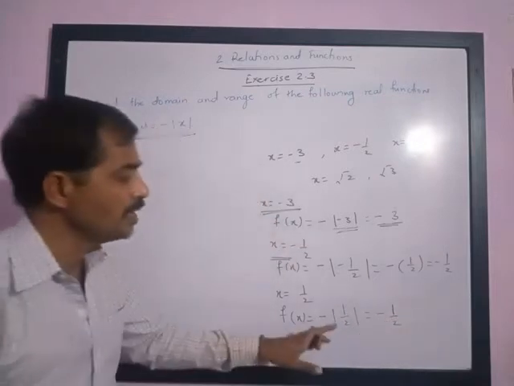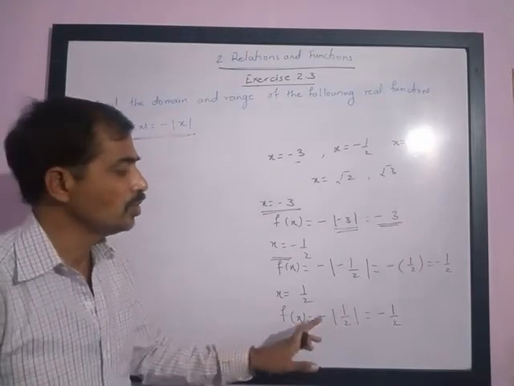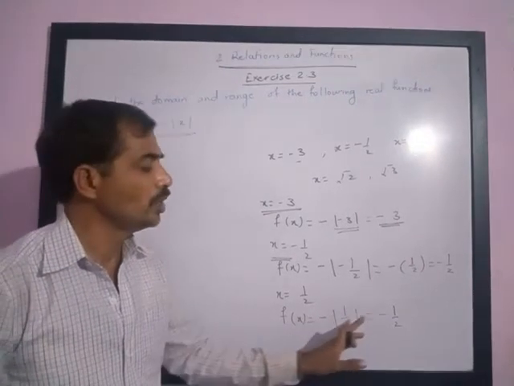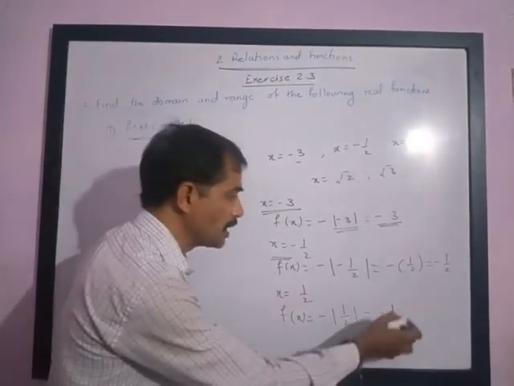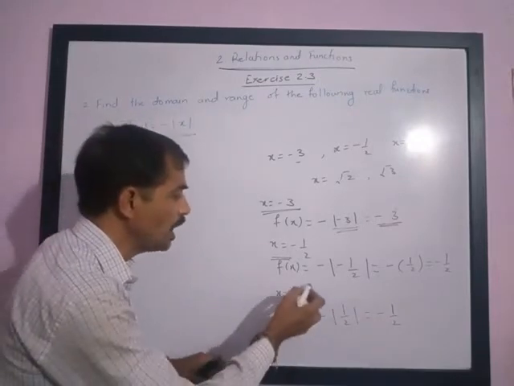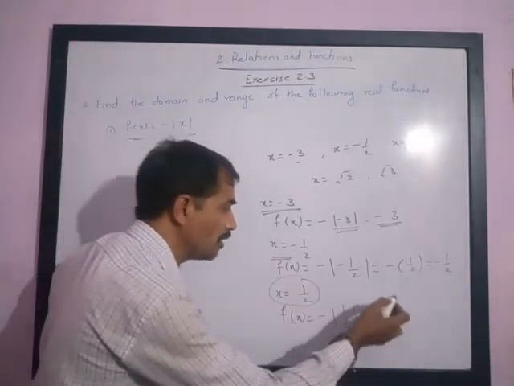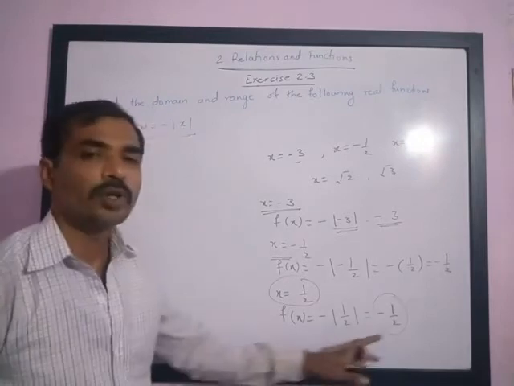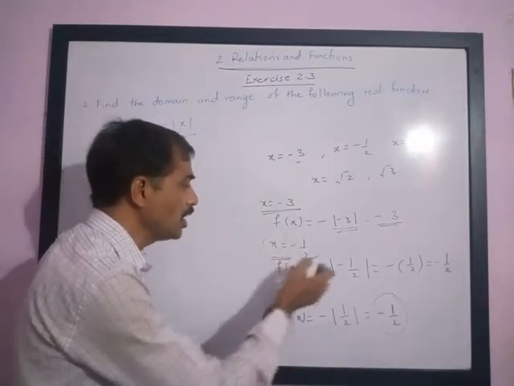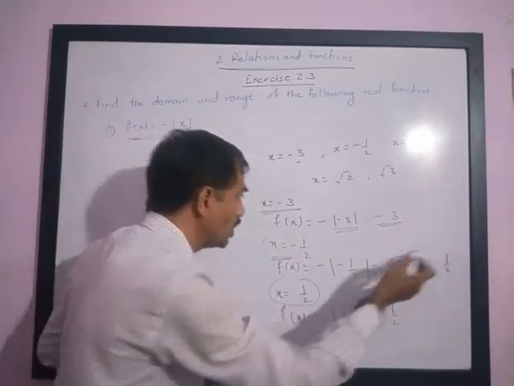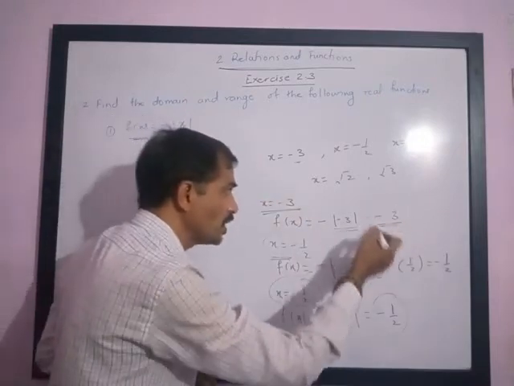Please try to understand this. Modulus is always positive and we are attaching a negative sign to the modulus, so this becomes minus. When x is positive, we get f of x negative. When x is negative, f of x is negative.